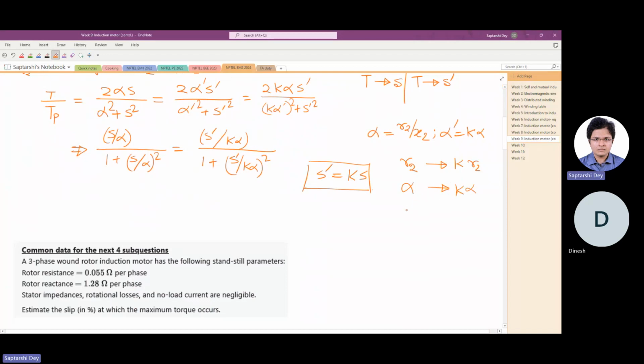And any other general value of S for which a certain value of torque appears, that may be full load, half load, whatever, that would appear at Ks. So this we will remember. This observation might come handy in today's problems, in other problems, whatever.